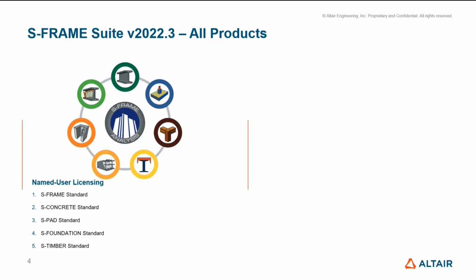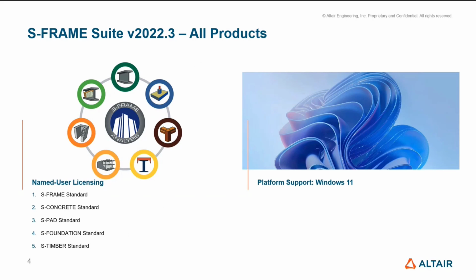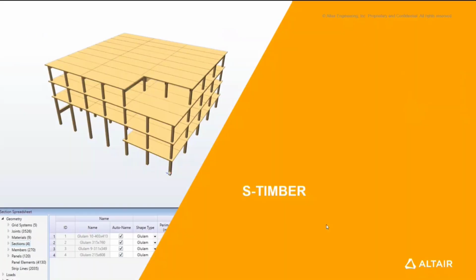That includes the standard edition of S-Frame, S-Concrete, S-Pad, S-Foundation, and S-Timber. Along with the rest of the simulation products, the S-Frame suite also supports Windows 11 in this upcoming version. Now moving on to S-Timber.